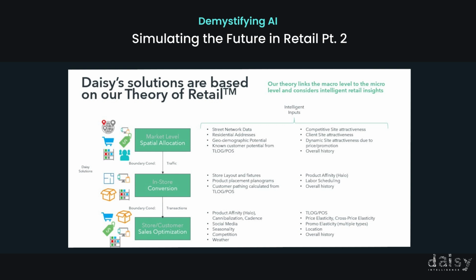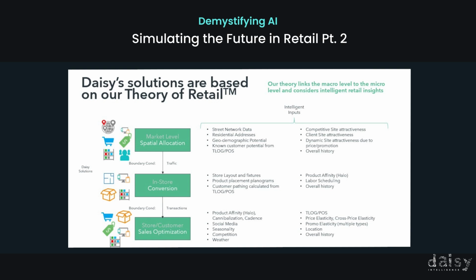We can calculate the known customer potential. We know what consumers spend typically on food purchases based on their income and geodemographics. We can calculate what your site attractiveness is relative to the competitors. We can calculate the dynamic impact of your promotions on that. We can calibrate this macro Laplace's model to your historical sales.